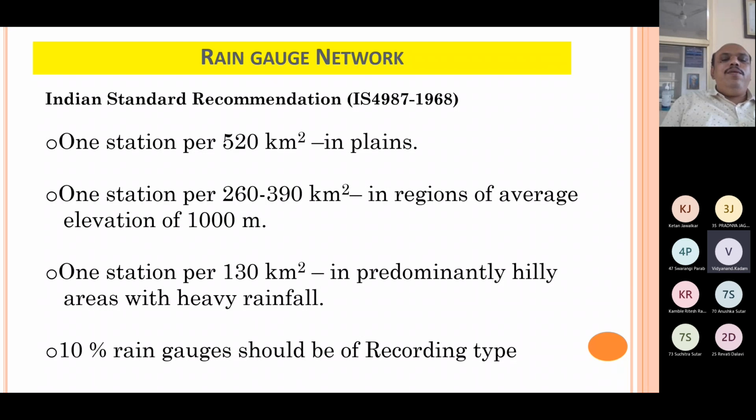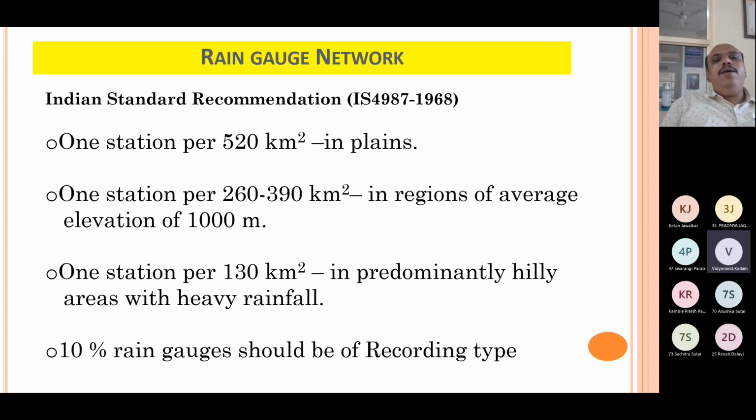Now, on the basis of these recommendations given by WMO, the recommendations are decided for the Indian conditions. So there is IS 4987 1968. According to this IS, recommendations are as follows.